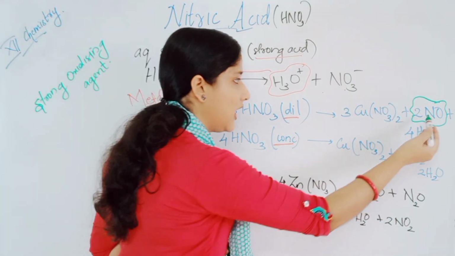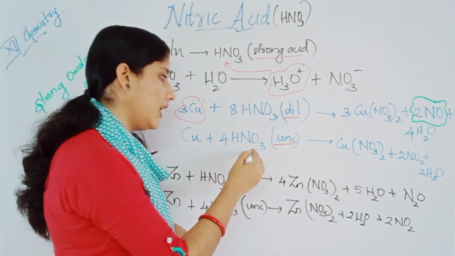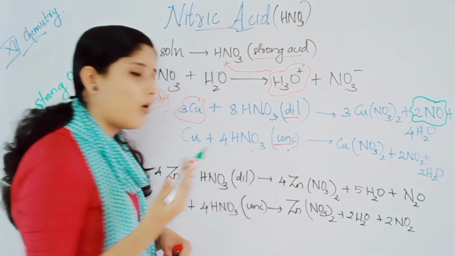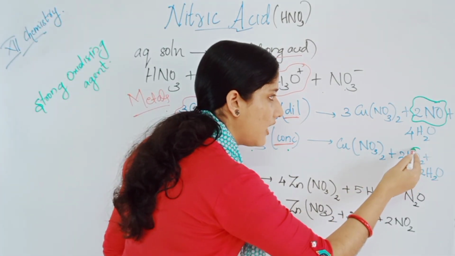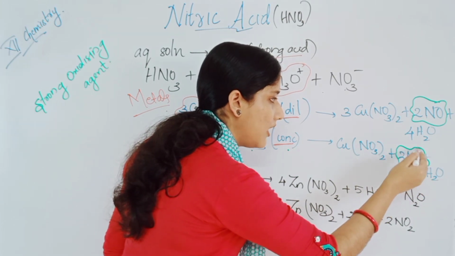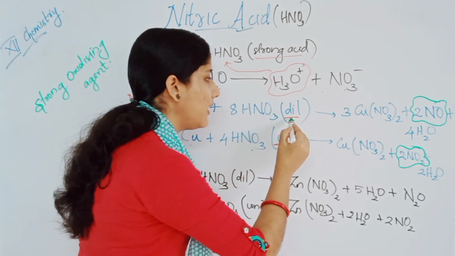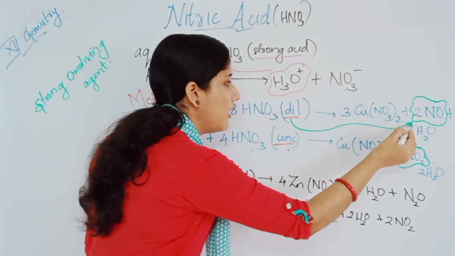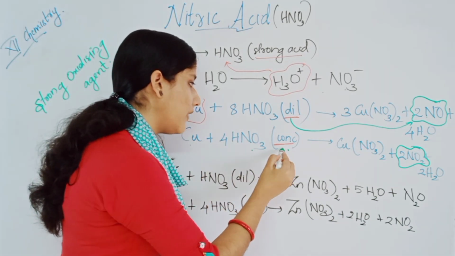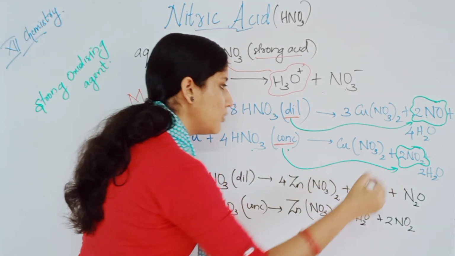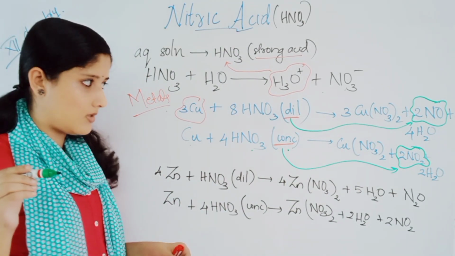But when copper reacts with concentrated HNO3, the product is nitrogen dioxide, NO2. This is the main difference. When dilute nitric acid reacts with copper, NO is obtained, and when concentrated nitric acid reacts, NO2 is obtained. Multiple choice questions will be asked like this.